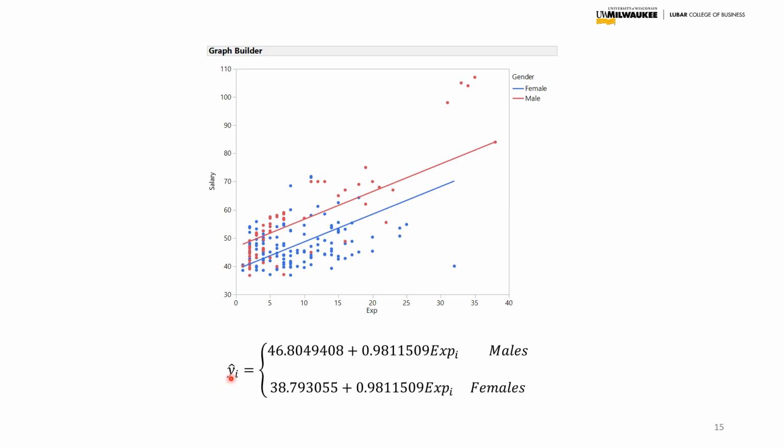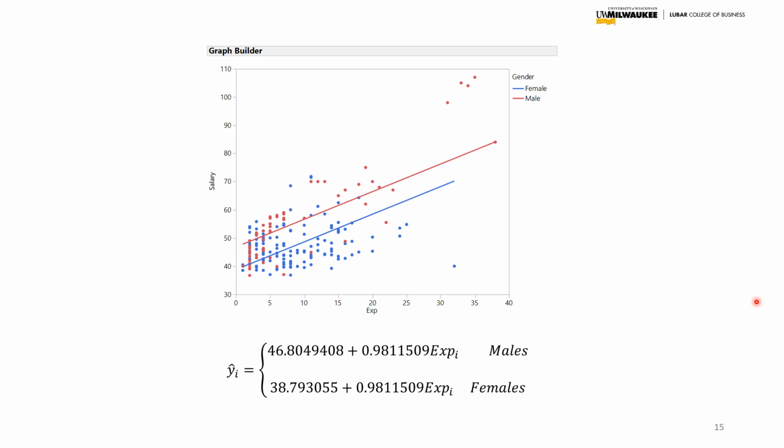They are lines of the same slope because the coefficient in front of experience is the same, but different intercepts reflecting the displacement from female to male of that approximately $8,000 shift in salary. And that shift is the same amount added across the board regardless of the level of experience, which gives us two parallel lines.